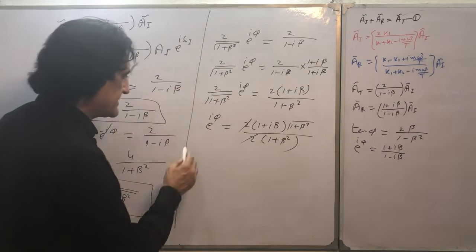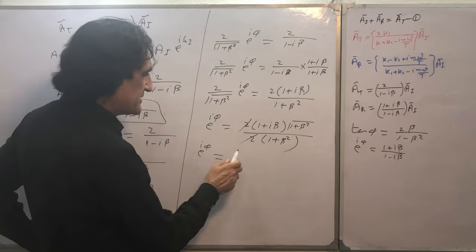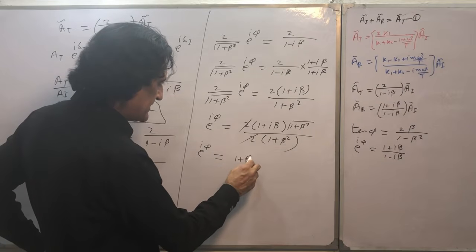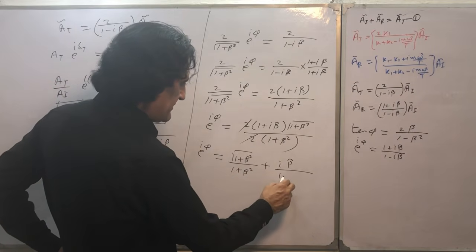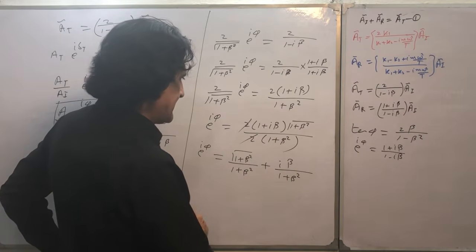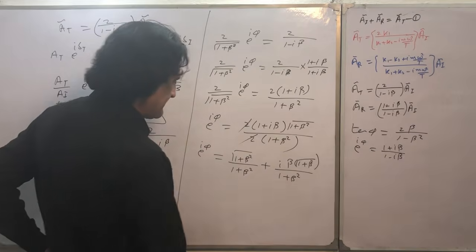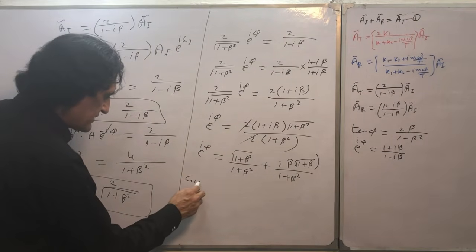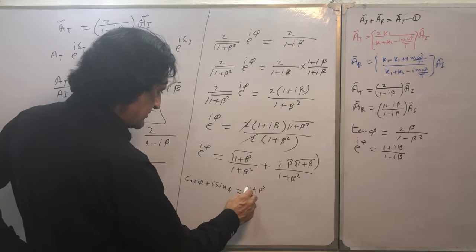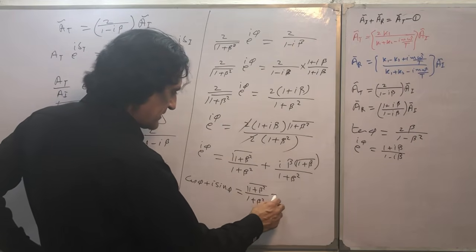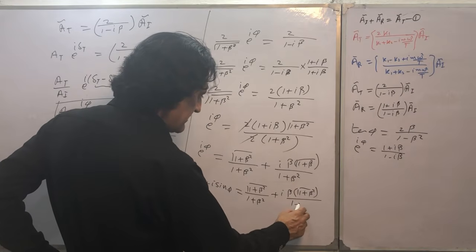This 2 will cancel with this, and then e^{iφ} is equal to, separating the real and imaginary parts, √(1 + β²)/(1 + β²) plus iβ√(1 + β²)/(1 + β²). Now cos φ plus i sin φ is equal to this.